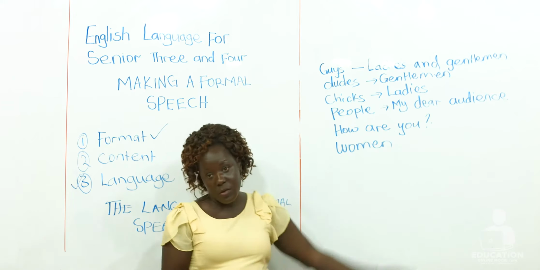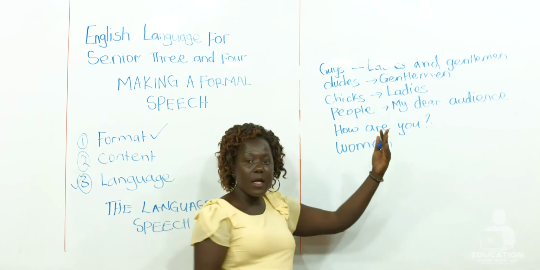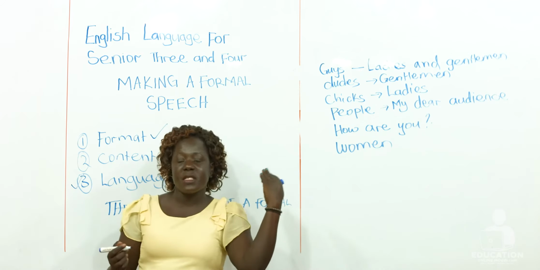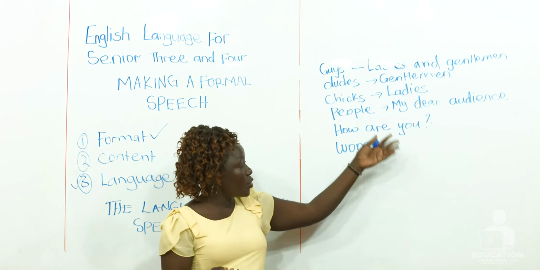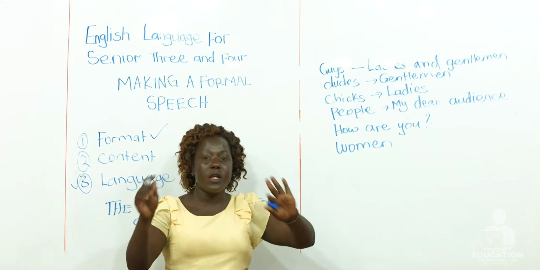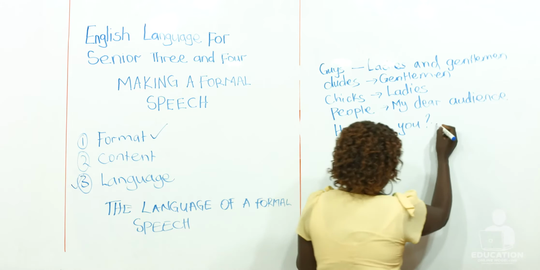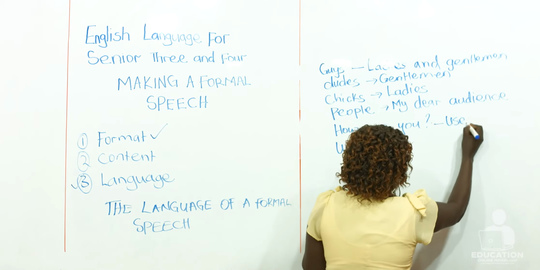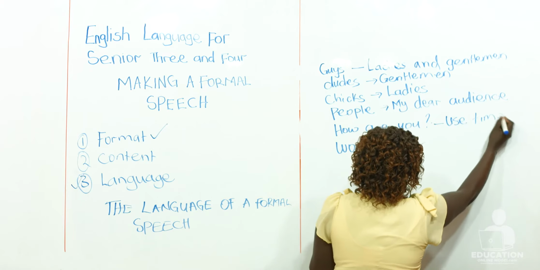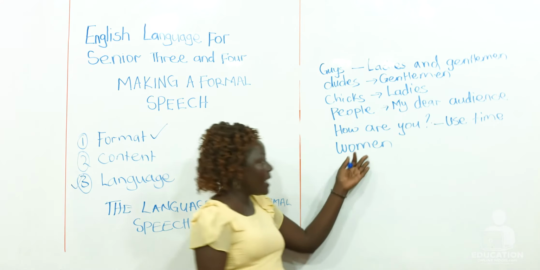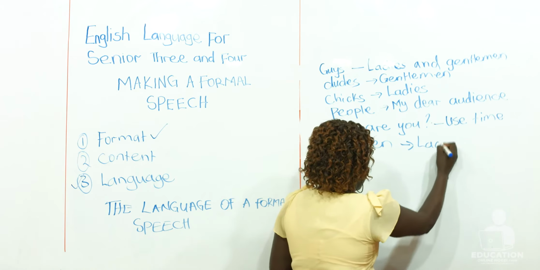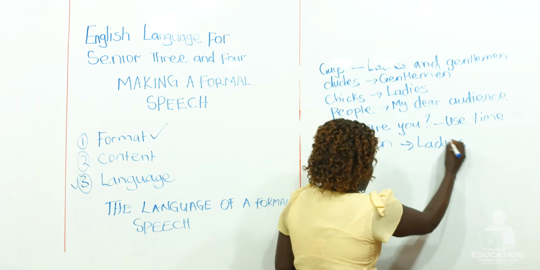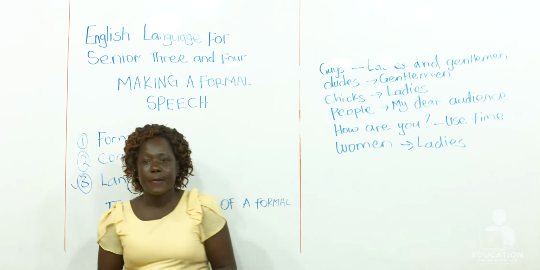Then how are you? I told you when we were looking at format in the previous lesson that you rather say good afternoon, good morning, good evening. Greet according to time. Use time instead to greet people. Then here women, I told you, you can just call them ladies. They will feel pleased.